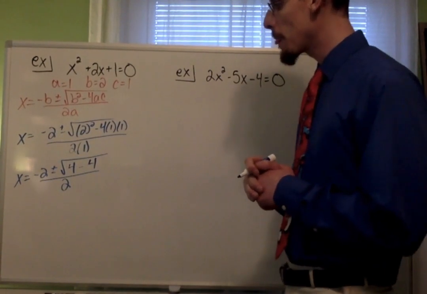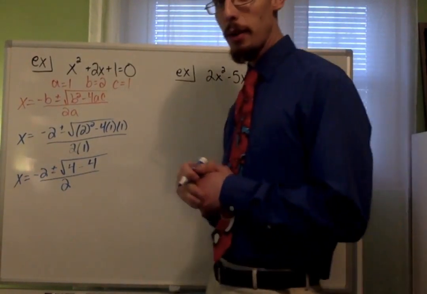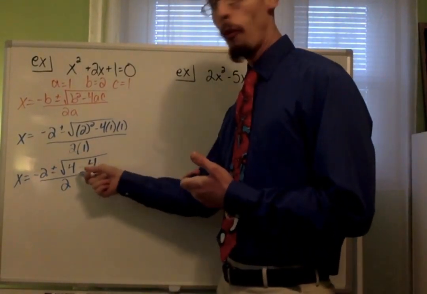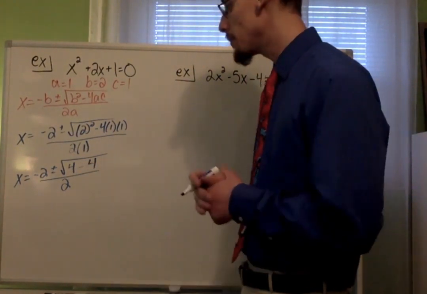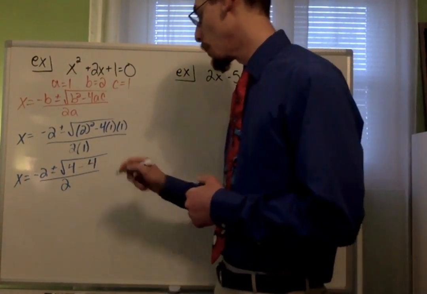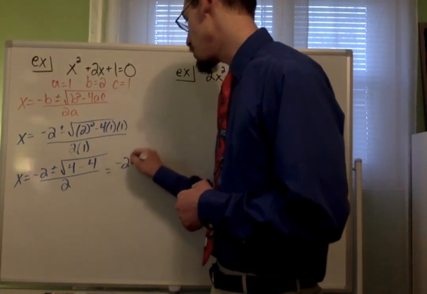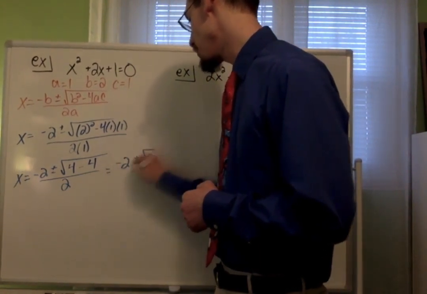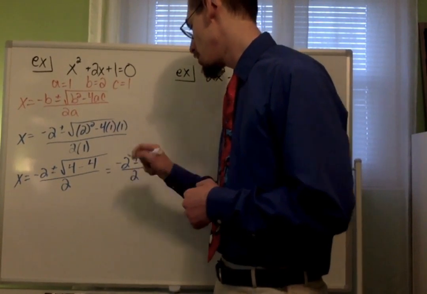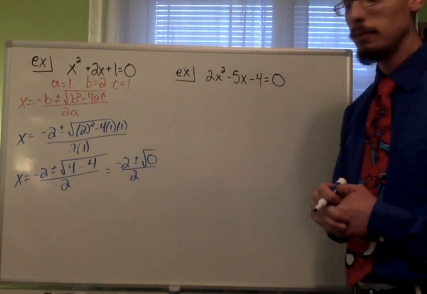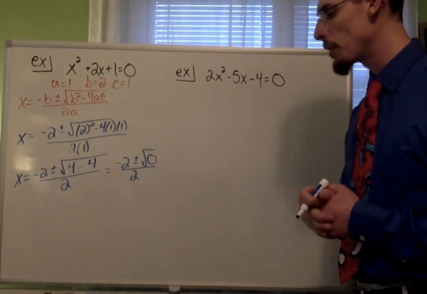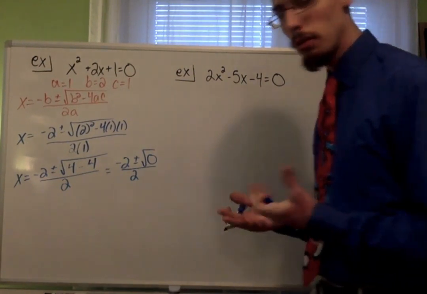All right. So the next thing I would have to do is 4 minus 4, right? Well, 4 minus 4 is actually very, very simple. I'll get negative 2 plus or minus the square root of 0 over 2. And the square root of 0 is just 0, right?